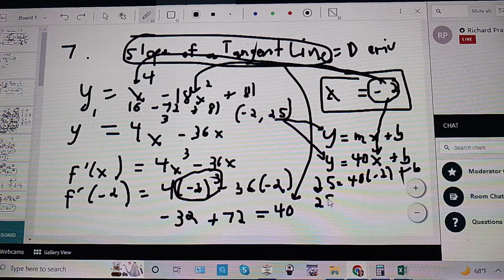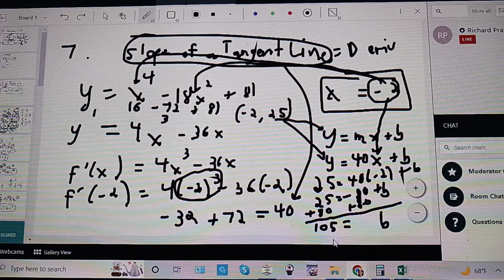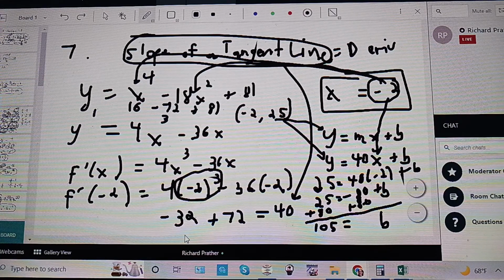And that's 25 equals -80 plus b. Add 80 to both sides. And because it has such a steep positive slope, it's crossing the y-axis up there really high at 105 actually. So the equation of the tangent line would be y equals 40x plus 105.